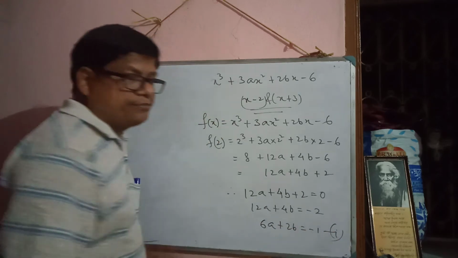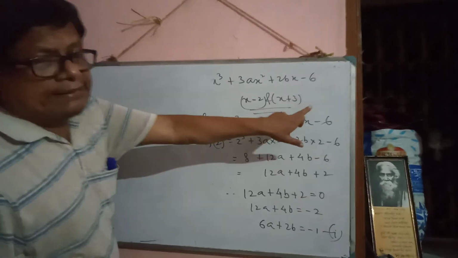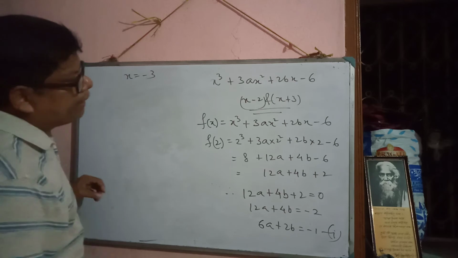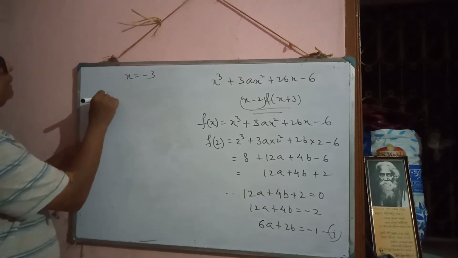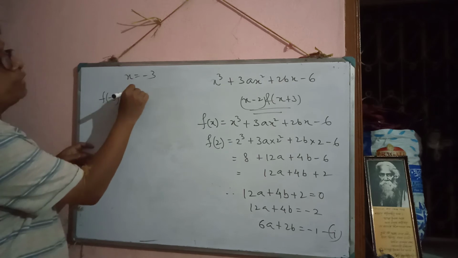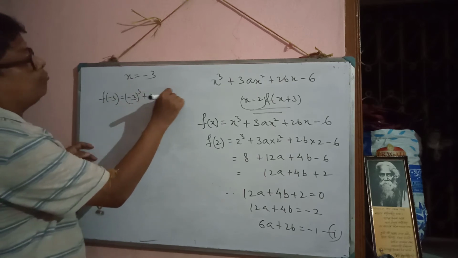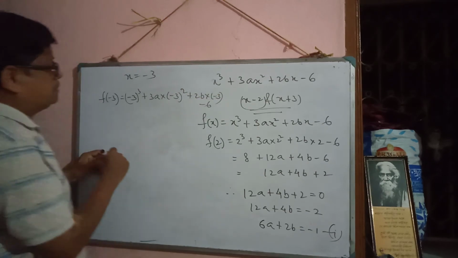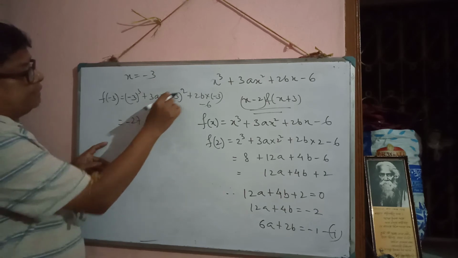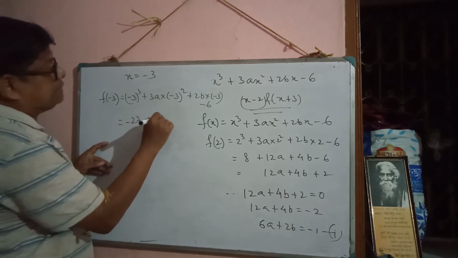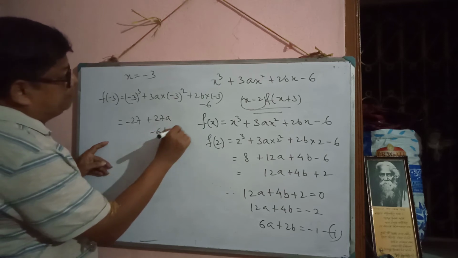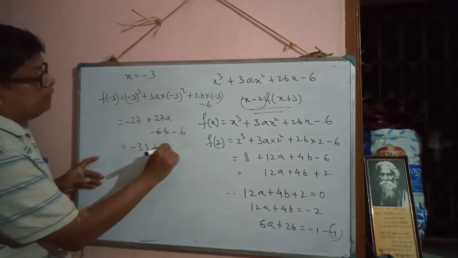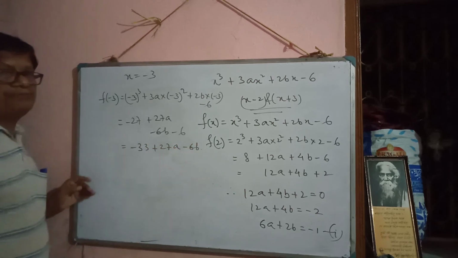So we write this as equation 1. Again, x plus 3 is a factor, so put x equal to minus 3. f of minus 3 is minus 3 whole cube plus 3a into minus 3 whole square plus 2b into minus 3 minus 6. That is minus 27 plus 27a minus 6b minus 6, so minus 33 plus 27a minus 6b.